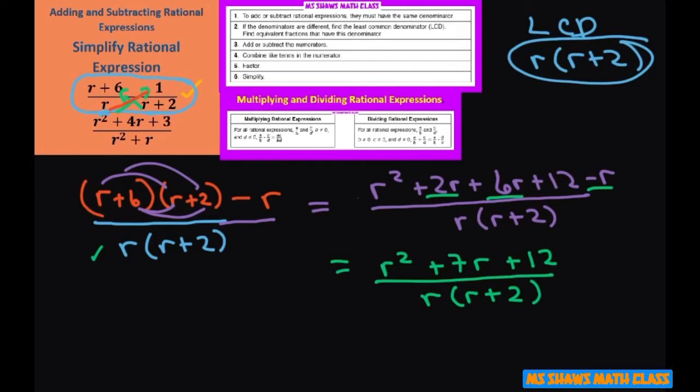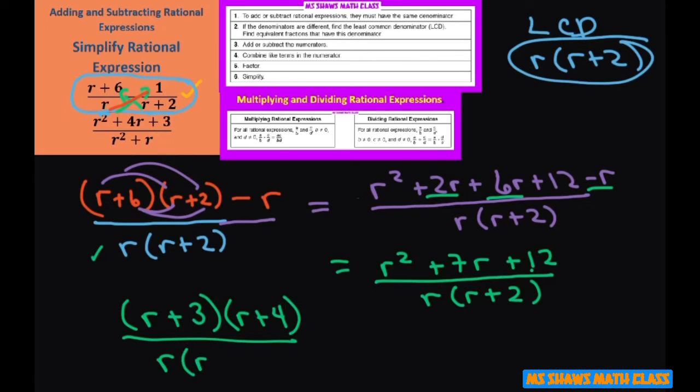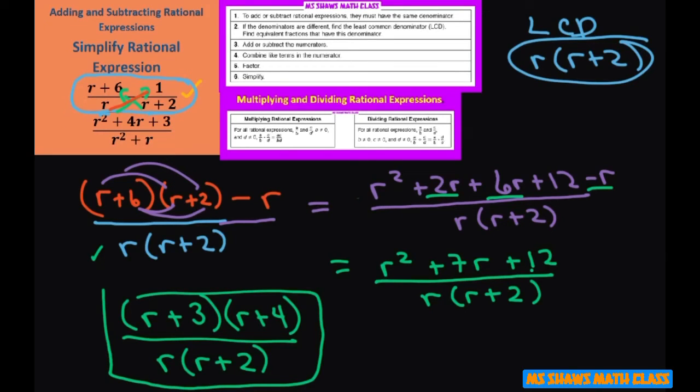Now let's see if we can factor this. Yes, we can factor this further. So that gives you r plus 3 times r plus 4 divided by r times r plus 2. So that's what our numerator is, basically this piece here.